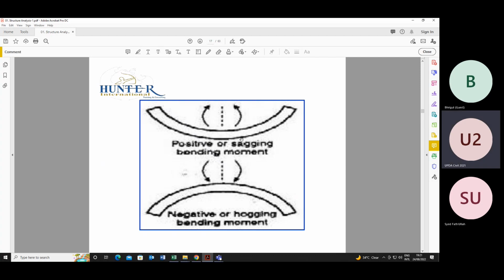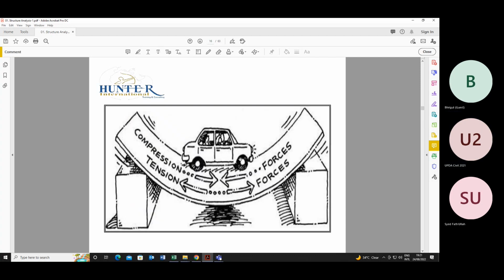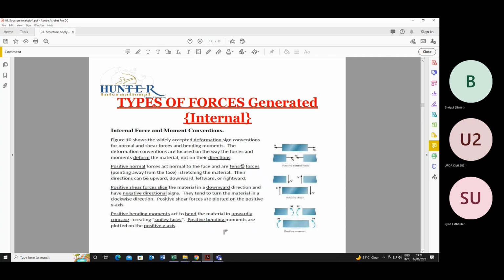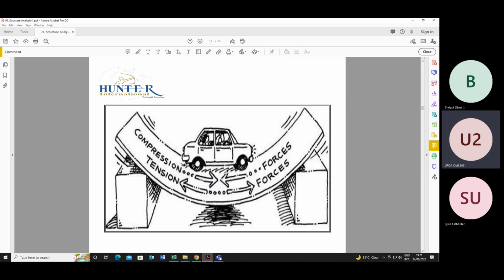So this will be considered as positive moment. If it tends to bend the member in this shape, it will be considered as negative. Any hogging will be considered as negative moment, and if it is causing sagging, it will be considered as positive moment. So the most important thing is sign convention, so that the calculation is clear and the answers are correct.